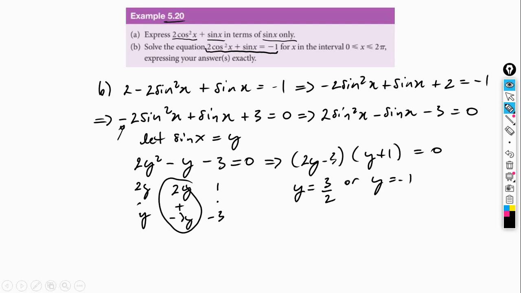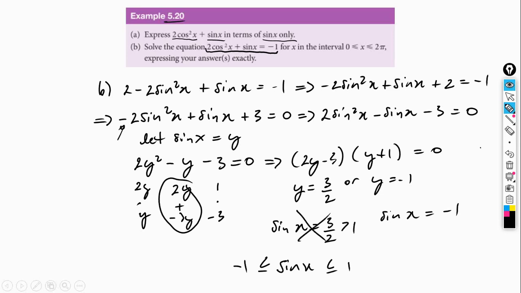But we're not solving for y, we're solving for sine of x. So that means that we have to solve for sine of x is equal to 3/2, or sine of x is equal to negative 1. Now, this one has no solution because sine is a function that is between negative 1 and 1 at the most. And this is obviously greater than 1. Therefore, this is not solvable.